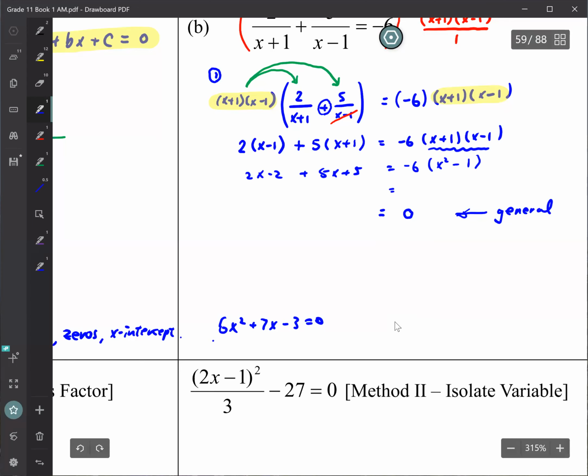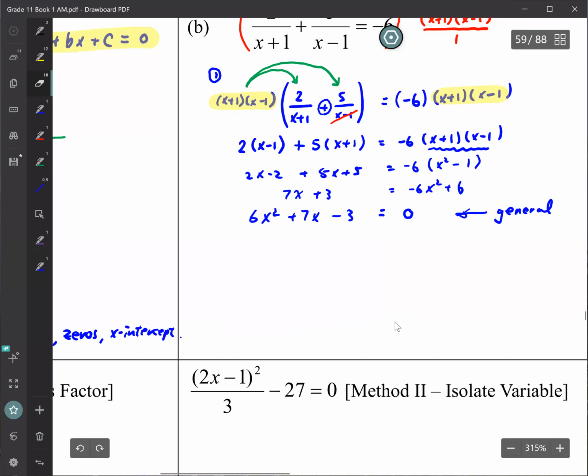And then expand the right side, negative 6x squared plus 6. Here we can combine like terms. 7x plus 3. Move things over to the left, plus 7x minus 3. Okay, you guys are doing pretty well.